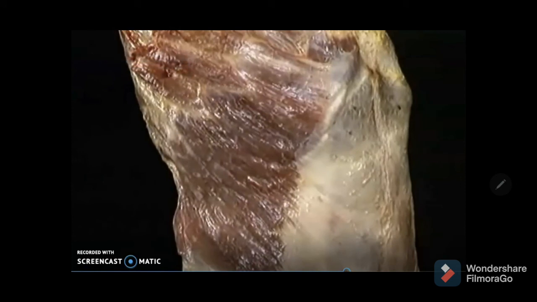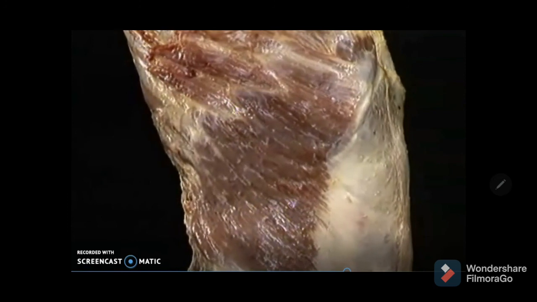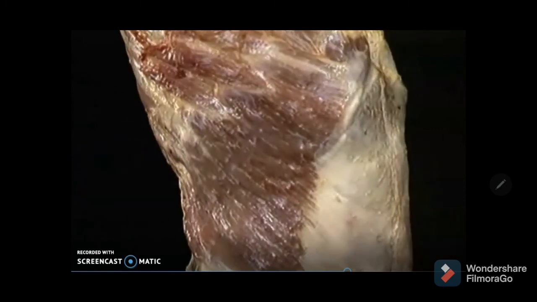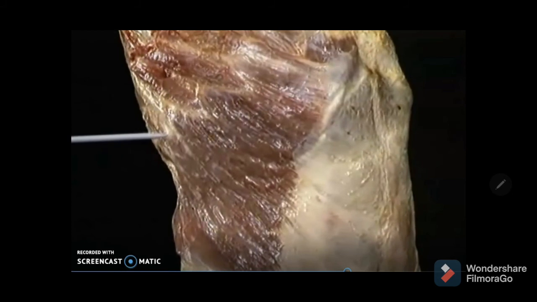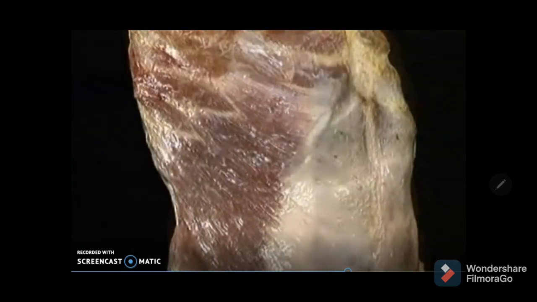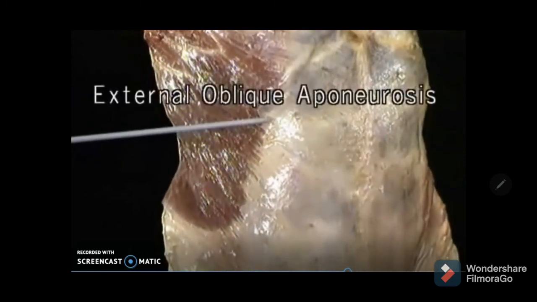Upper 4 correspond with the serratus anterior, and you can see here the posterior most fibers having these serrations from 8, 9, 10, 11, 12 ribs, and fibers are running downwards, forwards and medially towards the linea semilunaris.